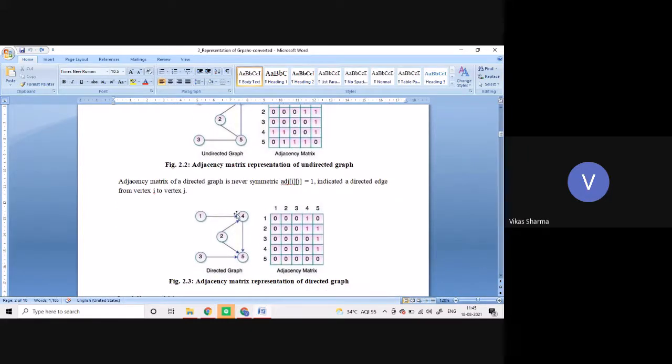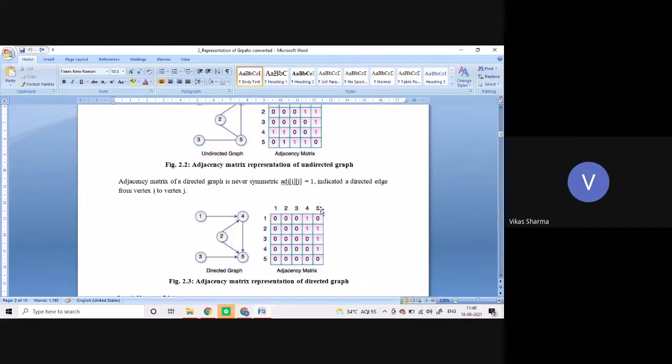So we have some directions here: 1 to 4 only, 2 to 4 only, 2 to 5 only, and 3 to 5 only. So these are the directions. We cannot say that 5 is adjacent to 3. We will see only that 3 is adjacent to 5. So for 5 and 3 there is no adjacency, so we will put 0 here, because the direction is from 3 to 5, not from 5 to 3.